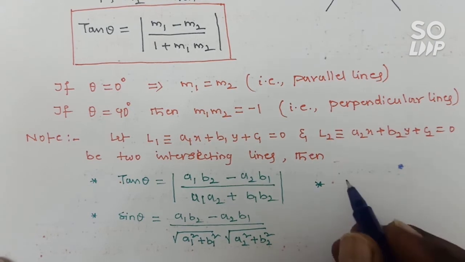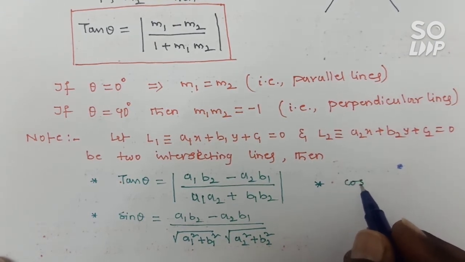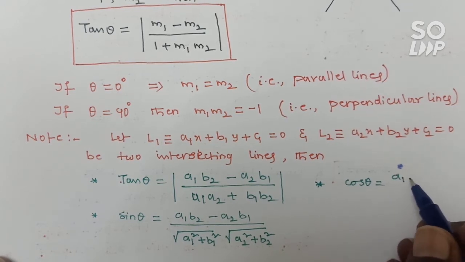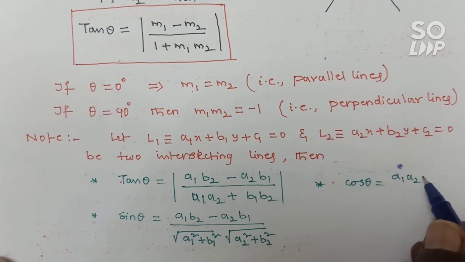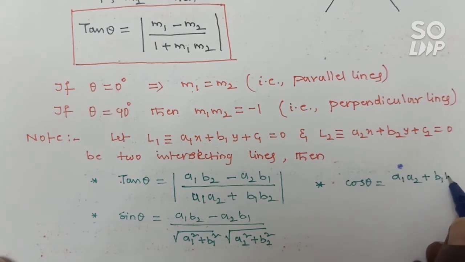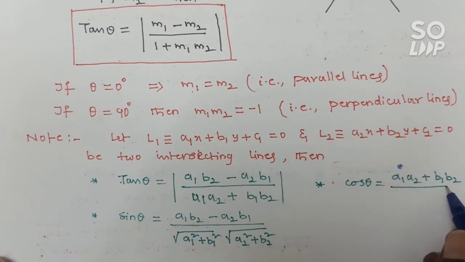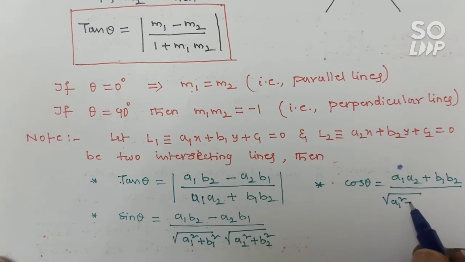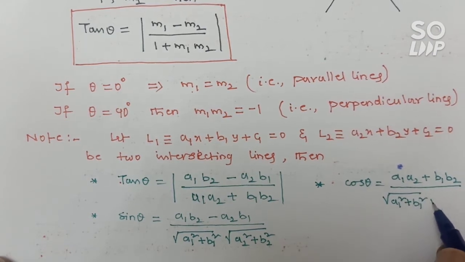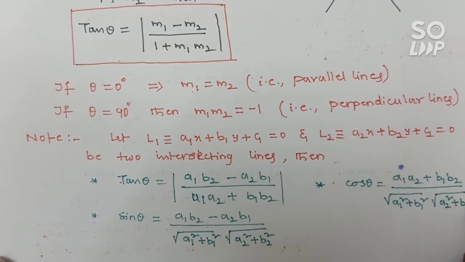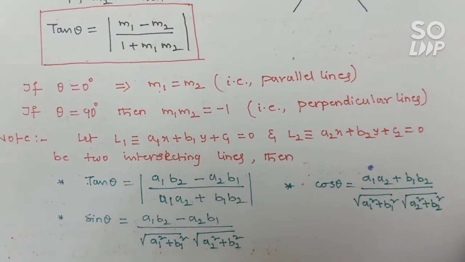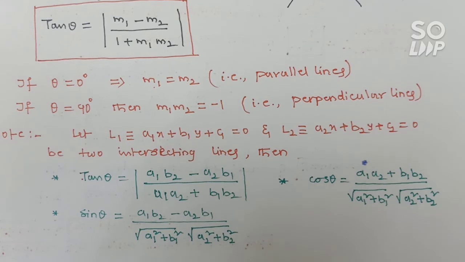Cos theta is equal to a1 into a2 plus b1 into b2, whole divided by square root of a1 square plus b1 square into square root of a2 square plus b2 square. This is the cos theta value, right?